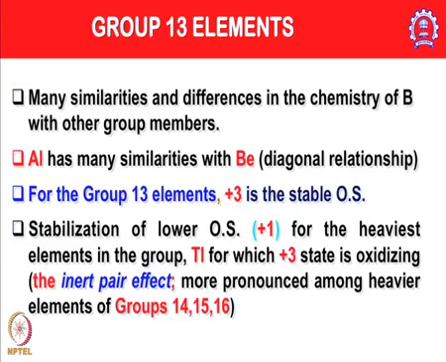For the group 13 elements, the group oxidation state is +3, which is a stable oxidation state. Because they have s2p1 electron configuration, all 3 electrons can be removed to generate a trivalent cation, and hence the group shows +3 as the most stable oxidation state.